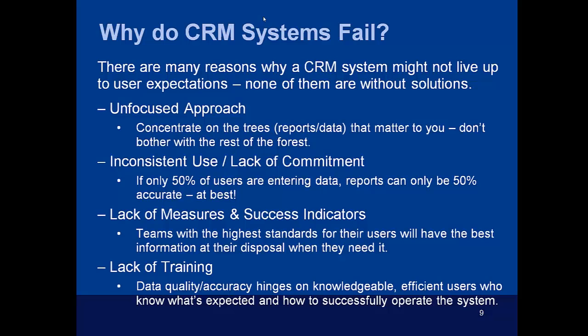So when you're considering how you're using the system, and how to measure the system, consider that the more people you have on your team, the more you have to pay attention to make sure that all of your people are using it, because one person falling down on the job can drastically reduce the effectiveness and the accuracy of the data that you're looking at.